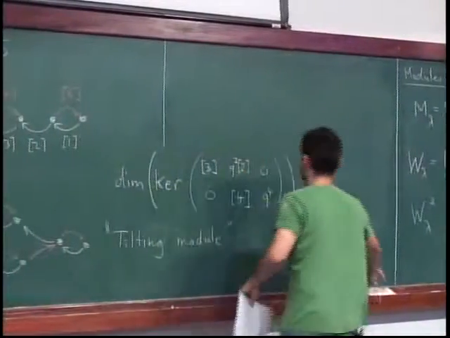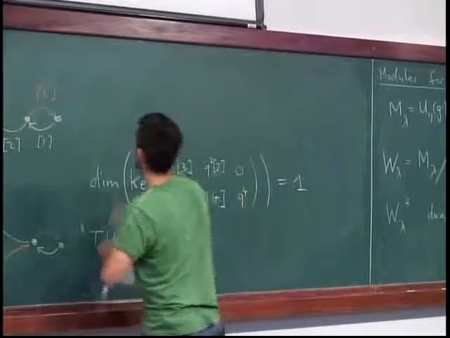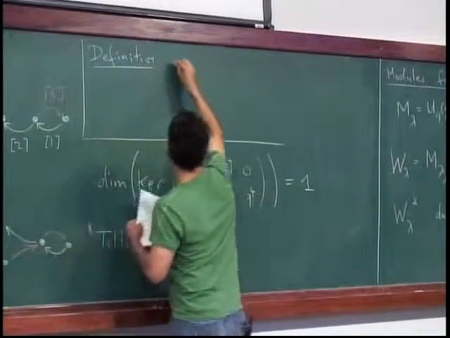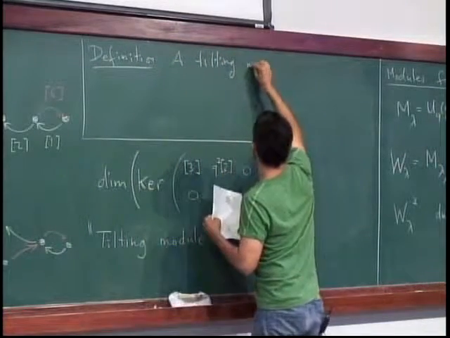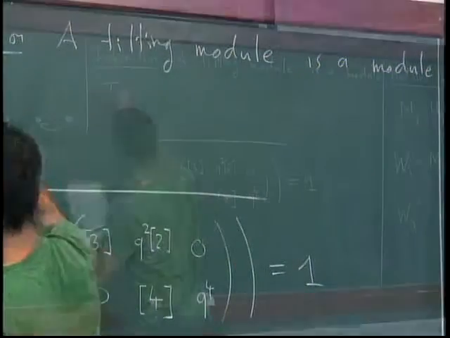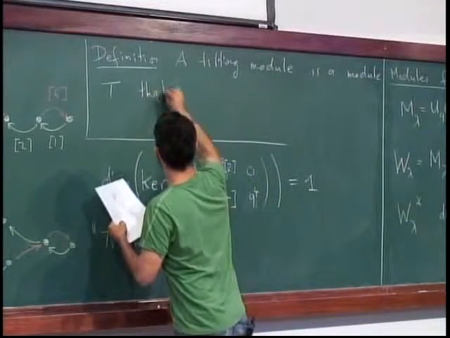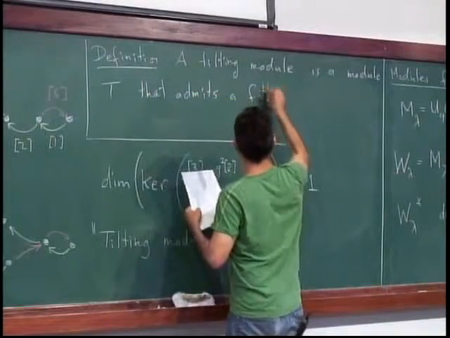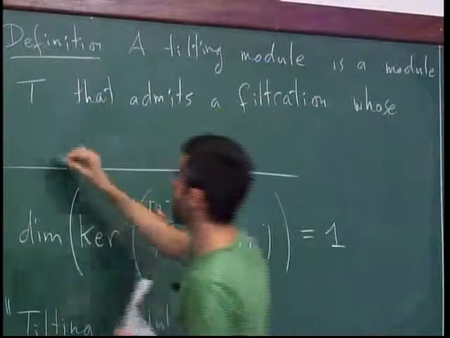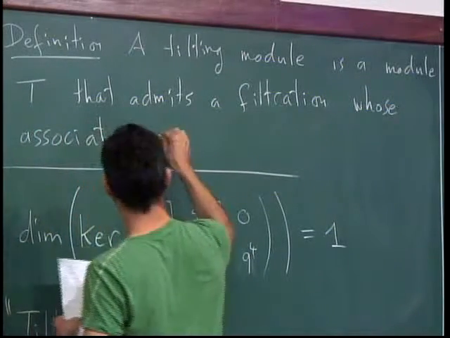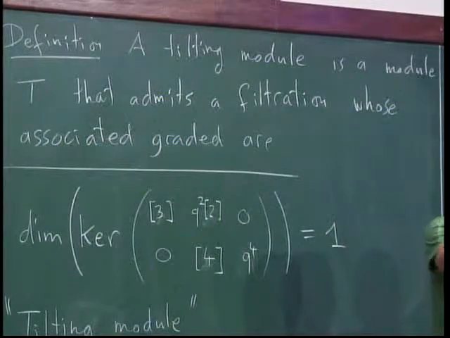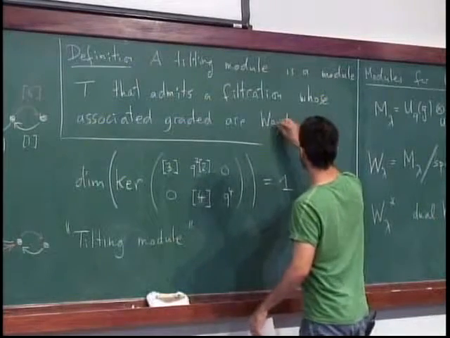So a tilting module is a module, let me call it T, that admits a filtration whose associated graded pieces, so one piece of the filtration modulo the one just below, are Weil modules.